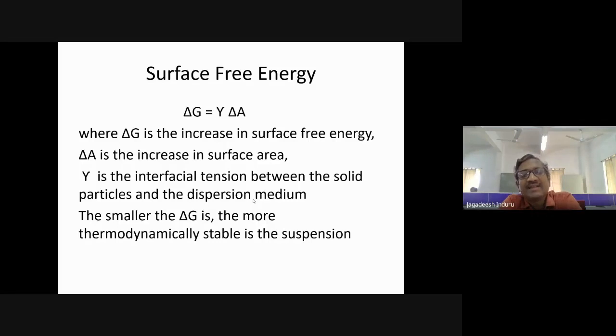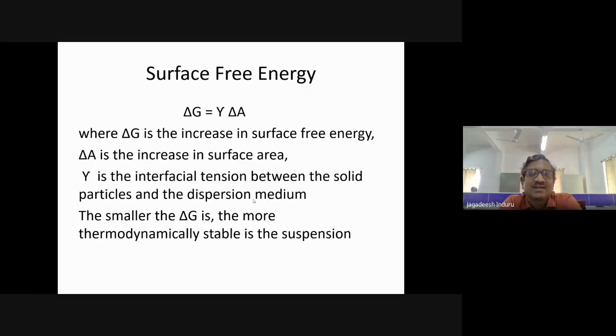When surface area increases, surface free energy also increases, and the thermodynamic stability of the suspension is lesser, because the smaller the delta G, the more the stability.